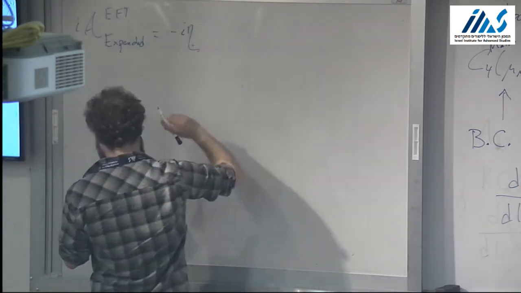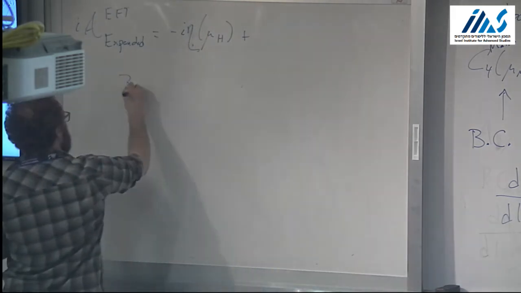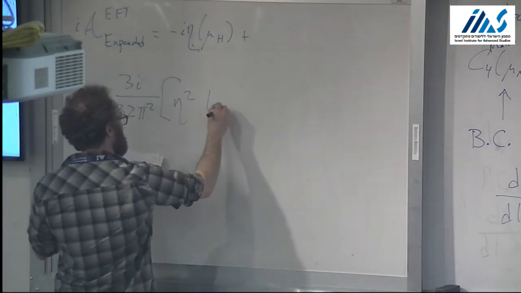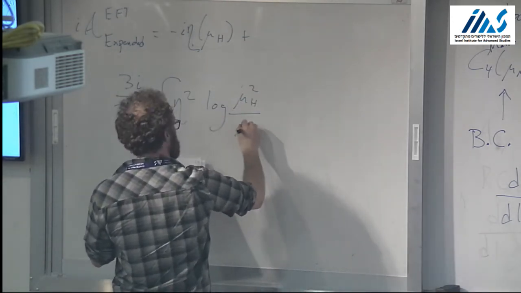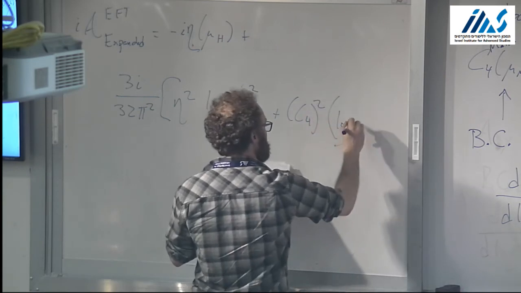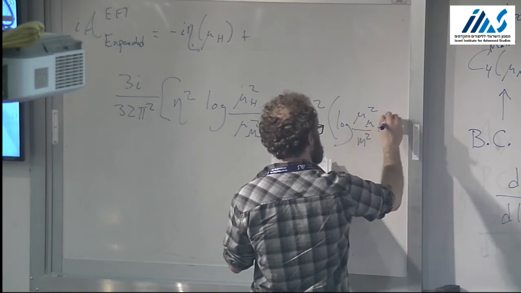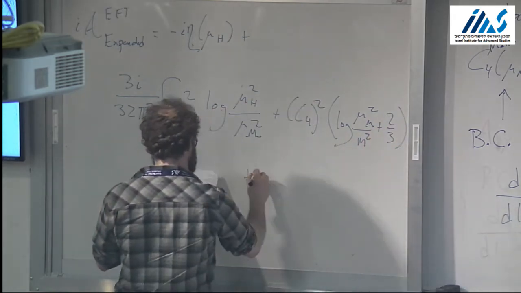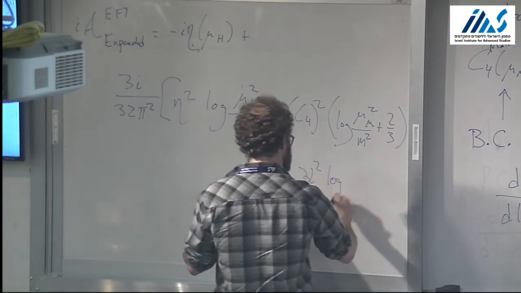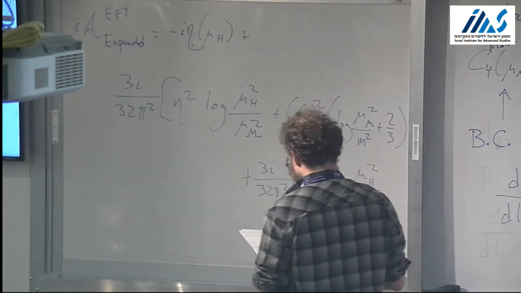That's eta of mu h plus 3i over 32 pi squared, eta squared log mu h squared over mu m squared, plus c4 squared log mu m squared over little m squared, plus 2/3 plus 3i over 2 pi squared kappa squared log mu h squared over big M squared. Okay.